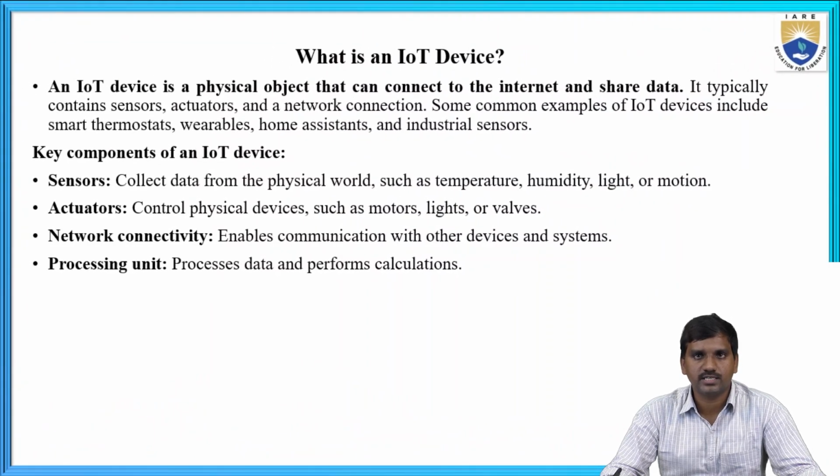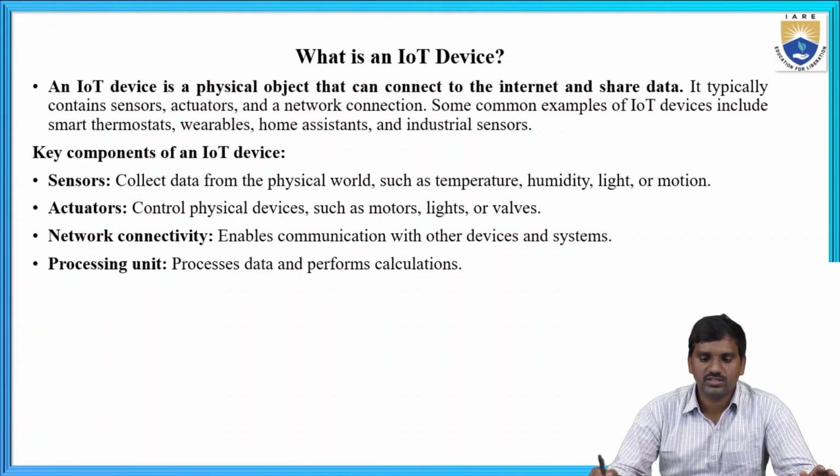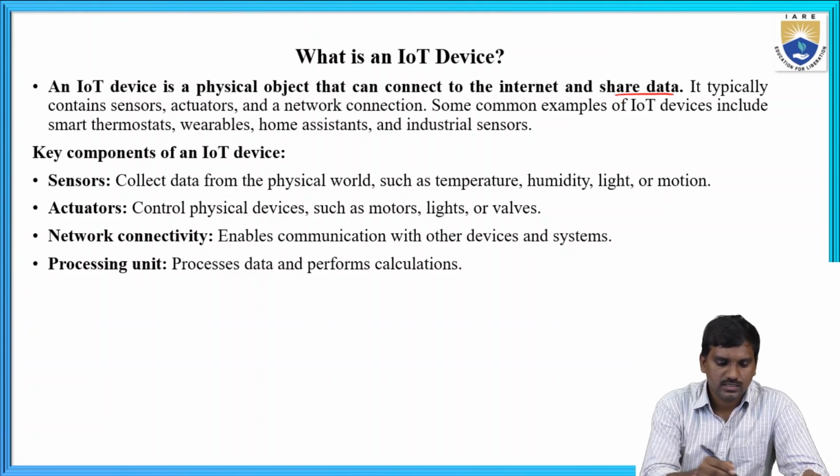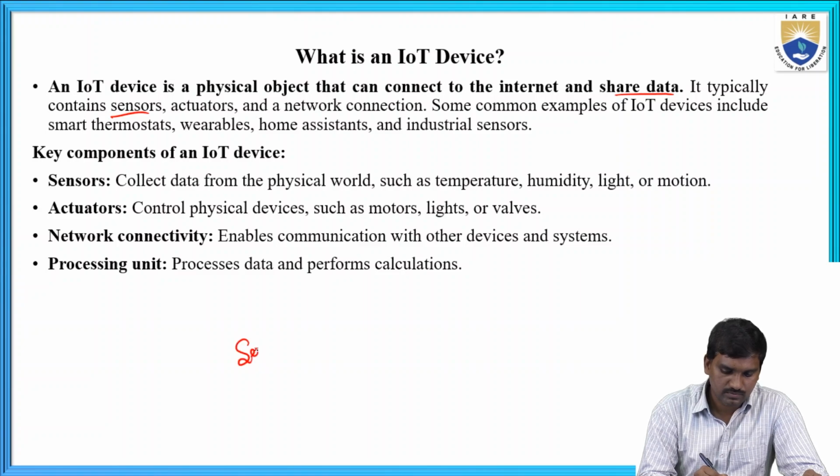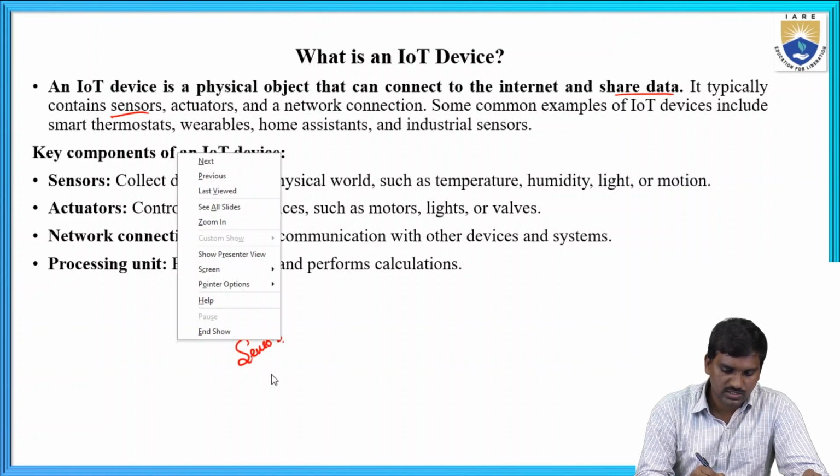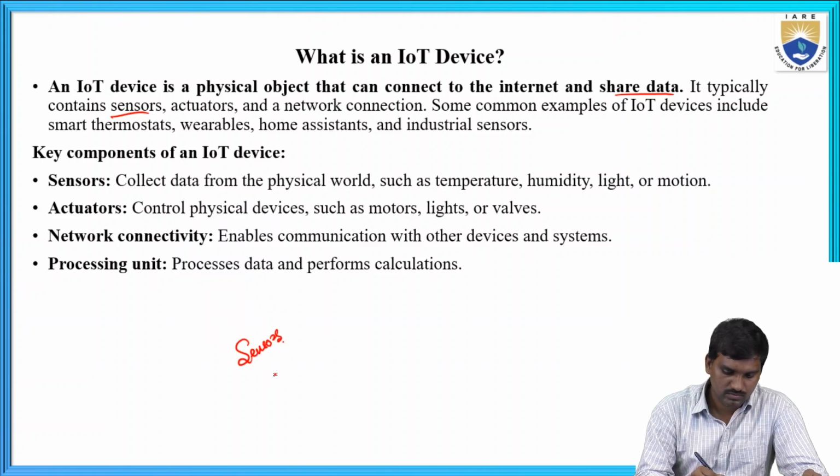It is very essential. An IoT device is a physical object that can interact with and share data. It typically contains sensors, actuators, and a network connection.